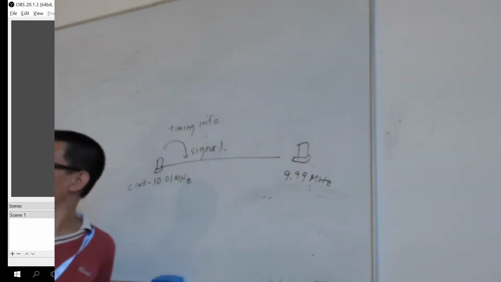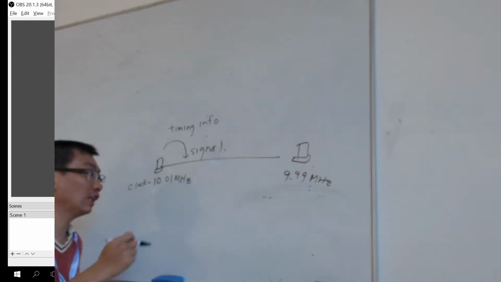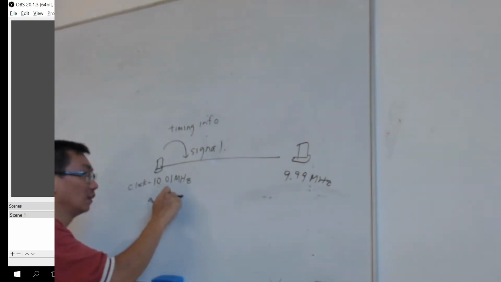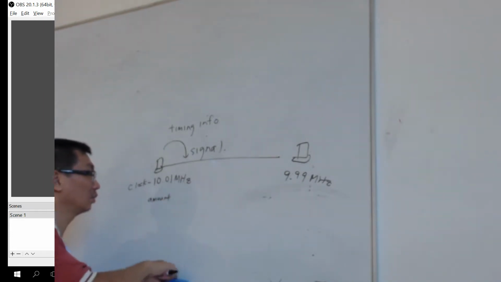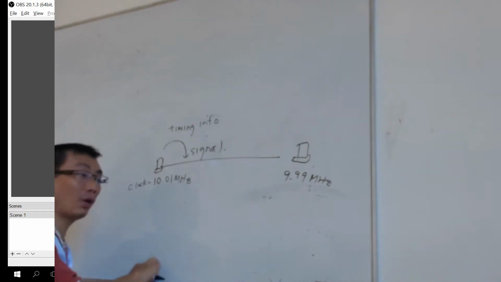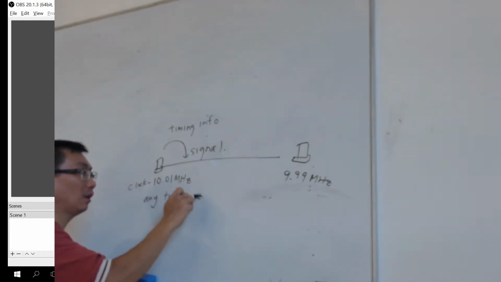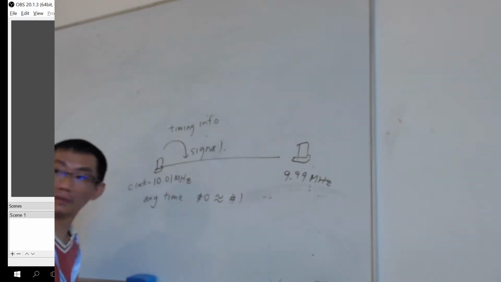How do you do that? You have to make sure that at any point in time, the number of 0s is more or less equal to the number of 1s.